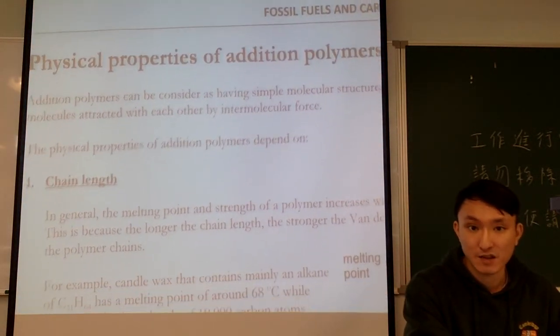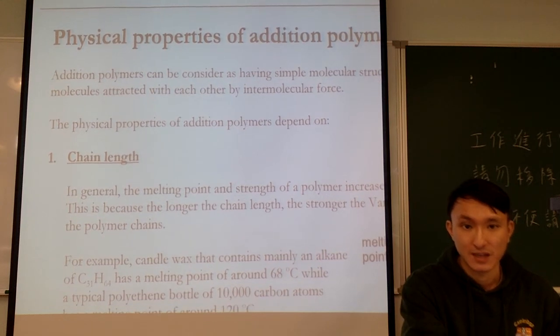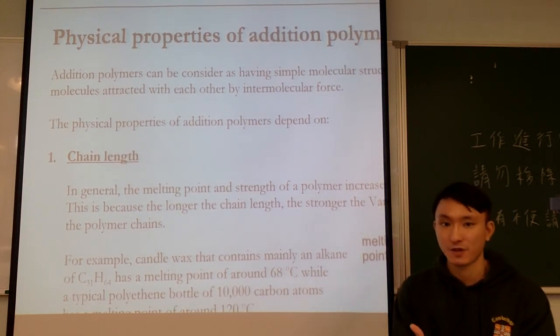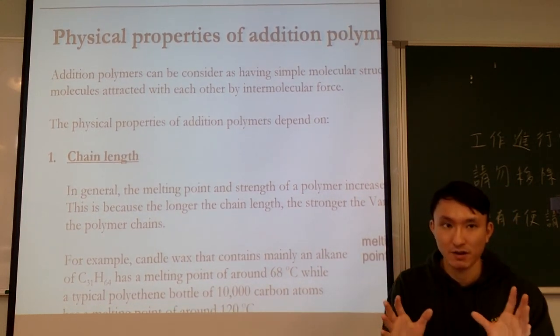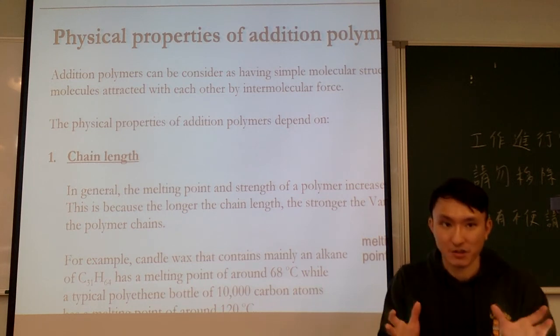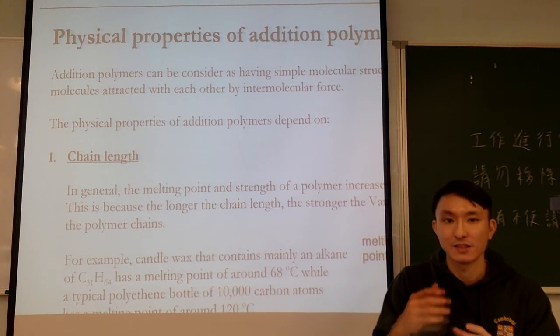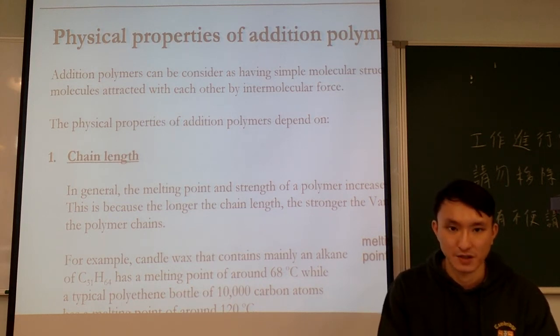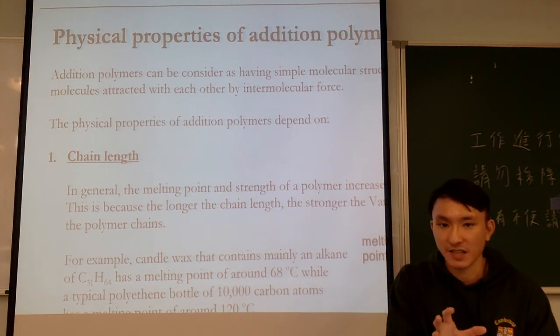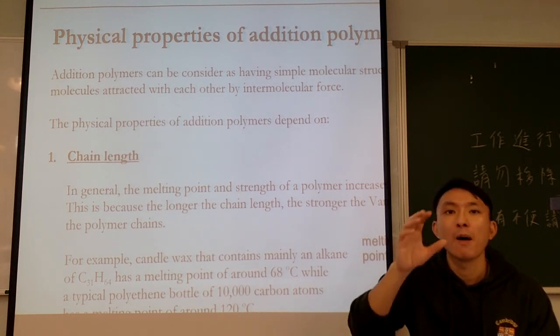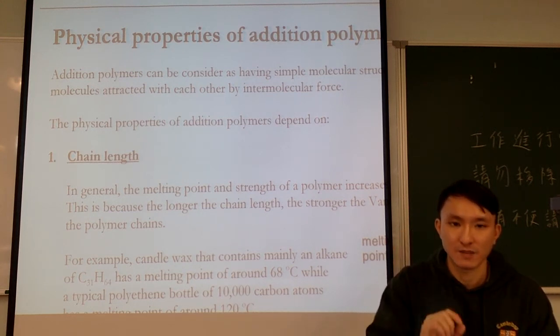It is the physical properties of addition polymers. Like I said at the very beginning, polymers are molecules, so the physical properties are governed by the strength of intermolecular forces.